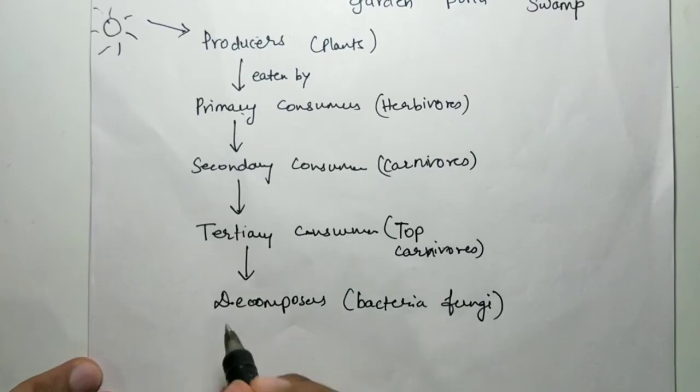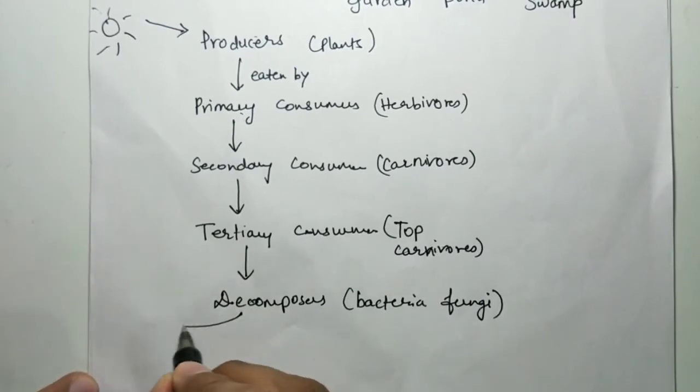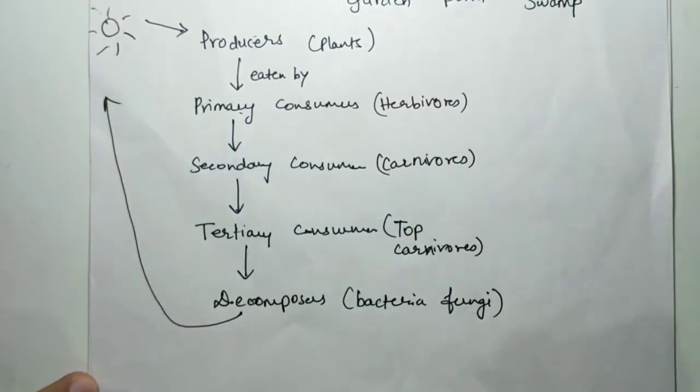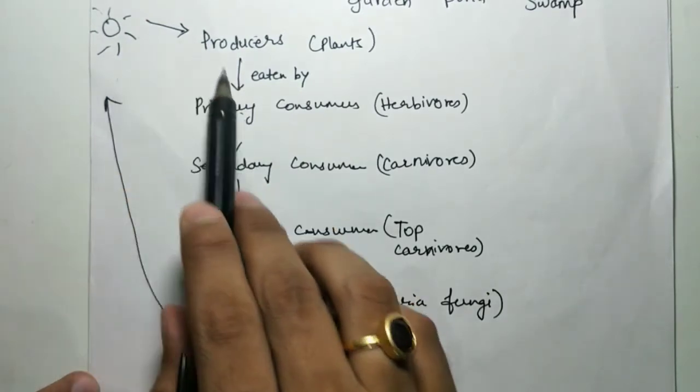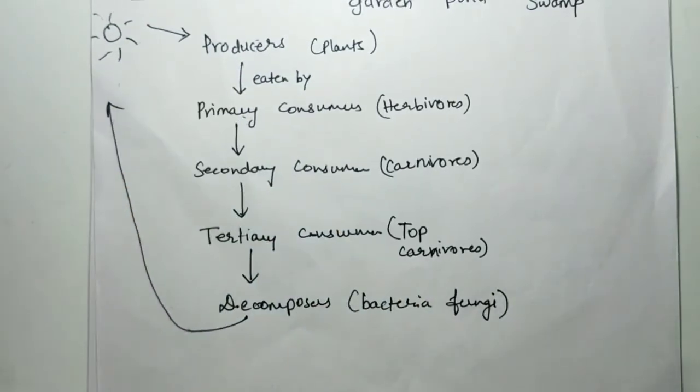After decomposers, it goes back to nature, so this flow of energy continues and the balance is maintained. Now, food chains are different in different mediums. There are different types of food chains.